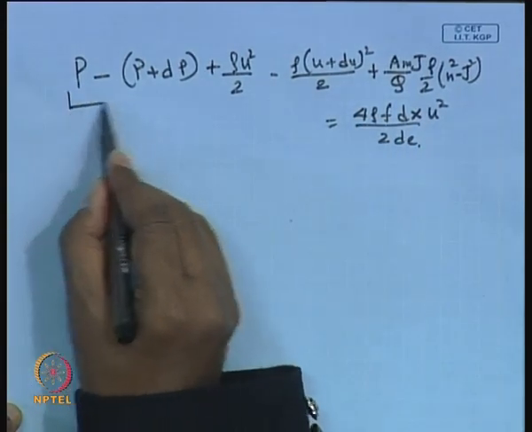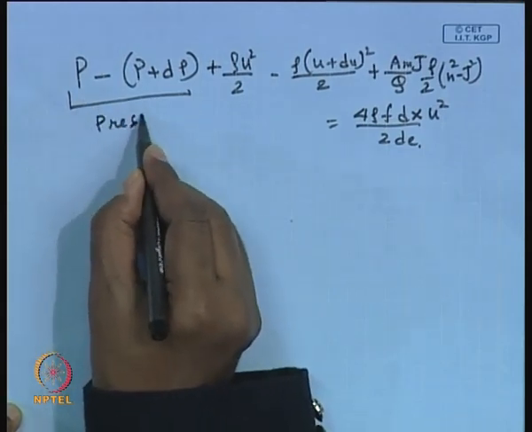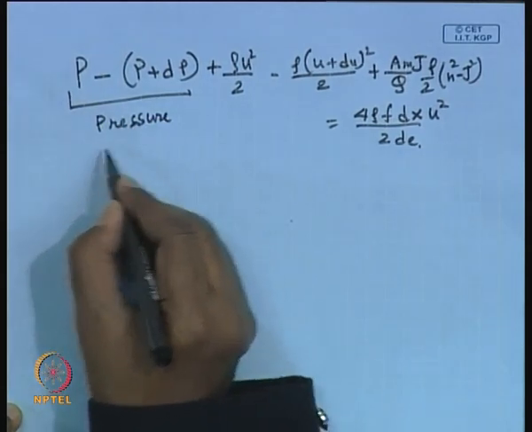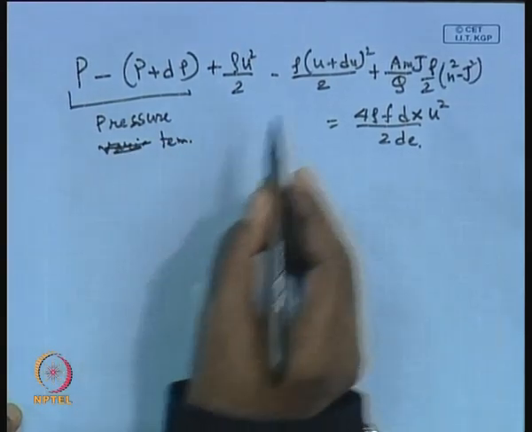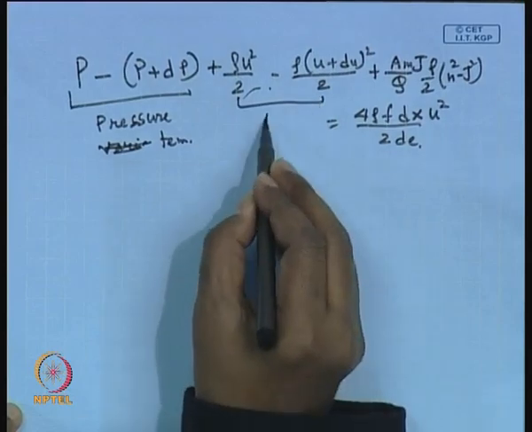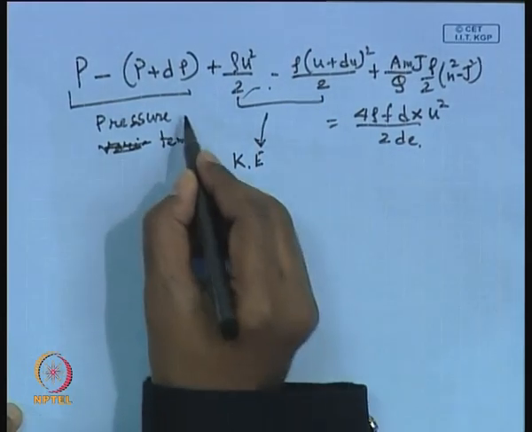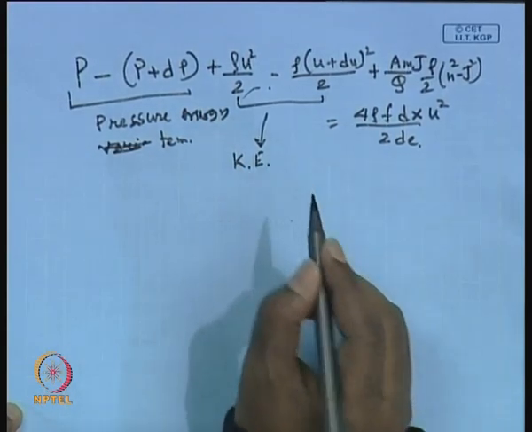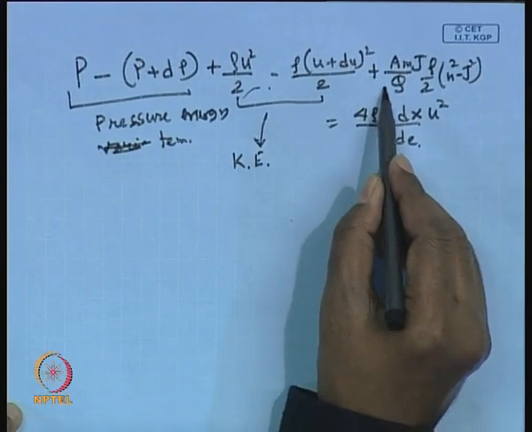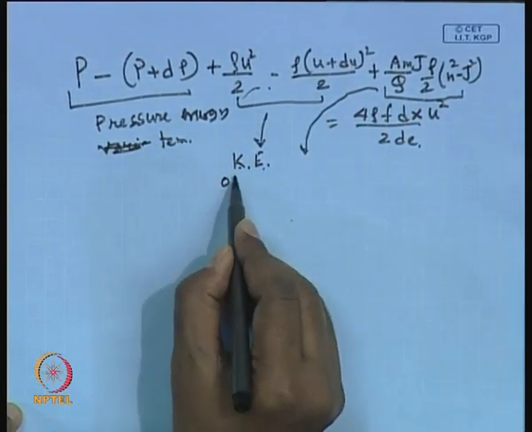If you remember, this is a pressure variation term, delta P by rho, pressure term. These two become the kinetic energy term. This is pressure energy, this is the kinetic energy, and again this term is associated with the change in kinetic energy.